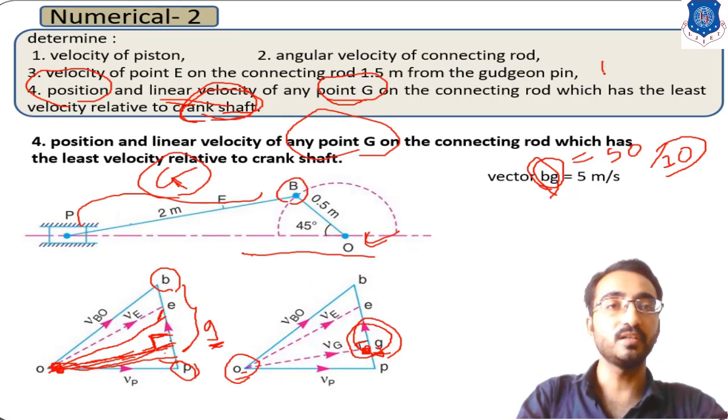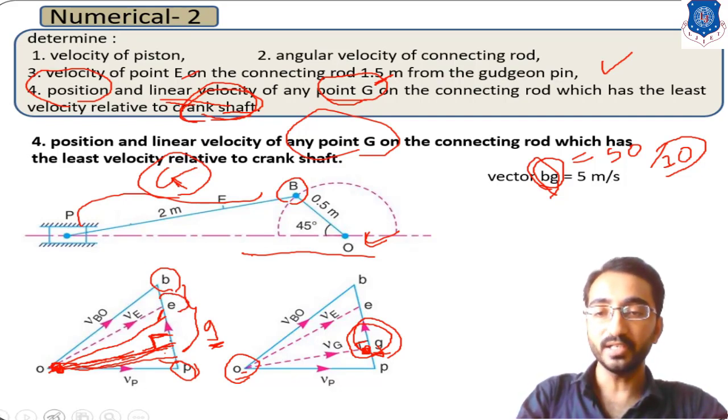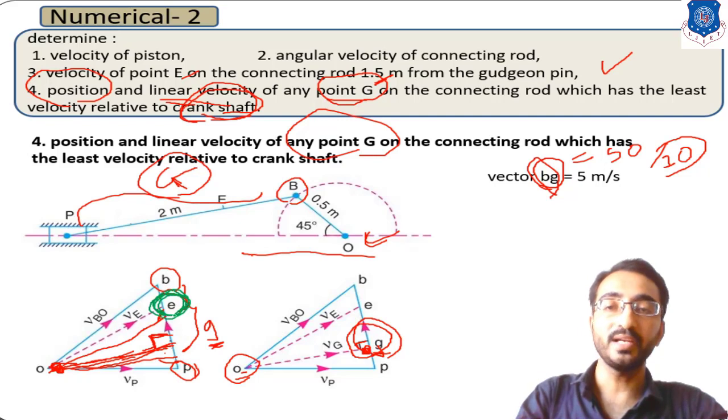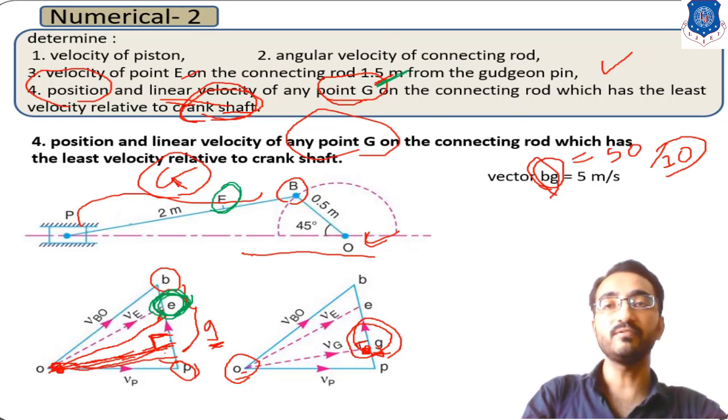In point number 3, what we have done is we used the location of 1.5 meter length on the configuration and pointed point E. In the previous method, we sketched this point E with reference to this configuration length by using this 1.5 meter data. Now in this question we have to reverse the procedure.